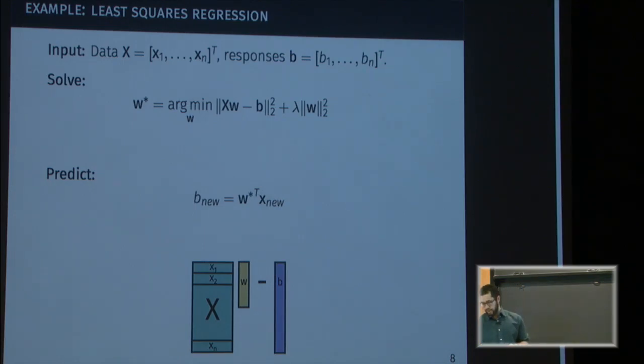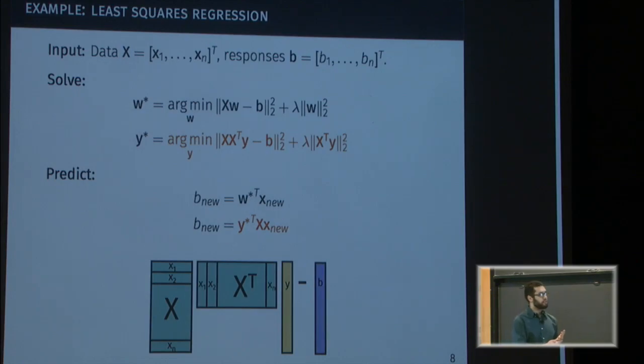So we can equivalently just reparameterize this problem. Instead of solving for w star, I'm going to solve for a vector y star. And if the data matrix is full rank, I could write any w as x transpose times y for some other vector y.